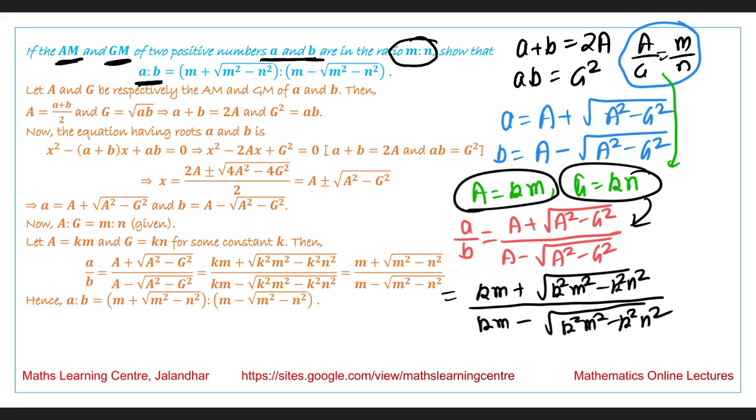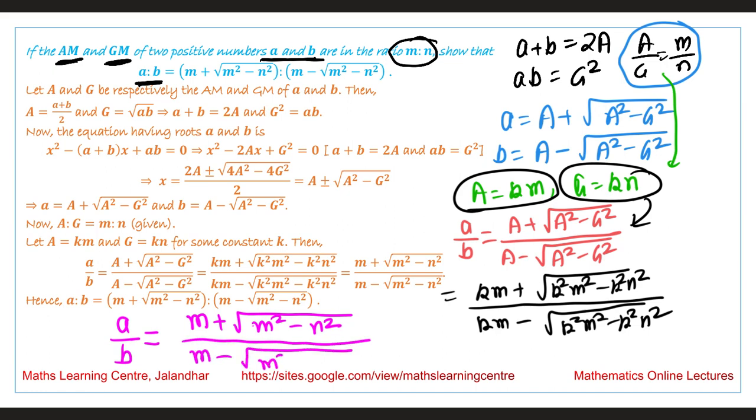Now this k gets cancelled from the whole equation, and the answer we obtain is that a is to b is equal to m plus square root of m square minus n square divided by m minus square root of m square minus n square.